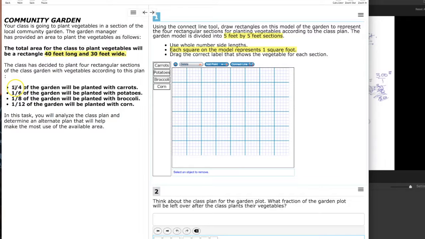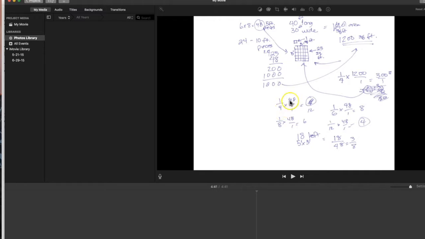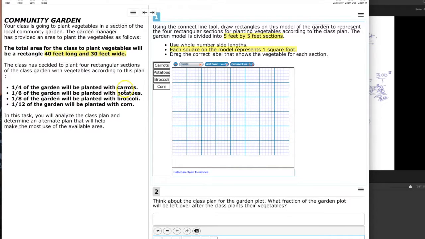So let's look at this. 1/4 of these 48 squares. If you do 1/4 of 48, you get 12. So for the biggest amount here, carrots, 1/4 of it will be 12 of these 5 by 5 foot squares. So 1, 2, 3, 4, 5, 6, 7, 8, 9, 10, 11, 12.